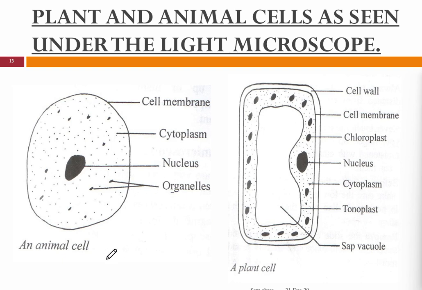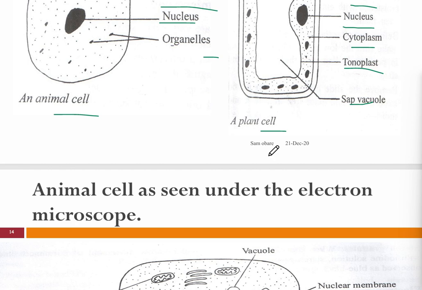So this is the animal cell, and this is the plant cell. The animal cell has a cell membrane, cytoplasm, nucleus, and some organelles. In the plant cell, we have the cell wall, the cell membrane, the chloroplast, nucleus, cytoplasm, and sub-focal. We can see only this.